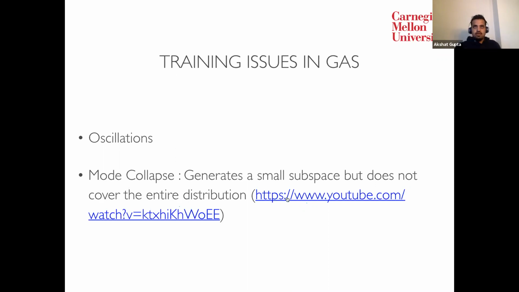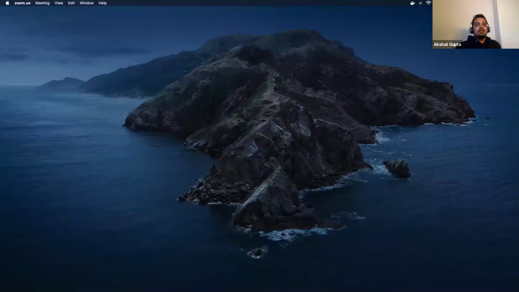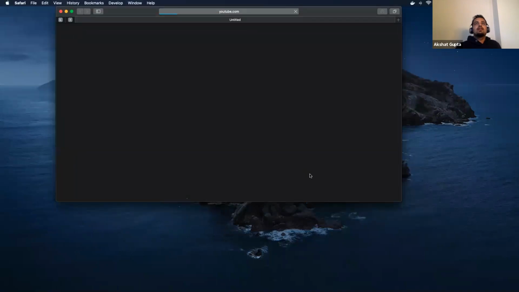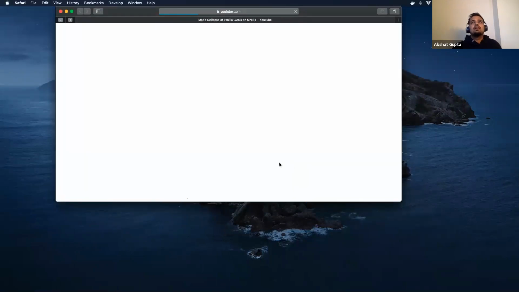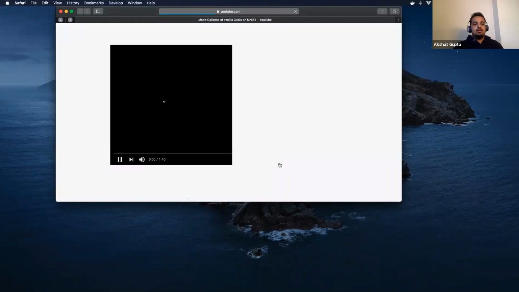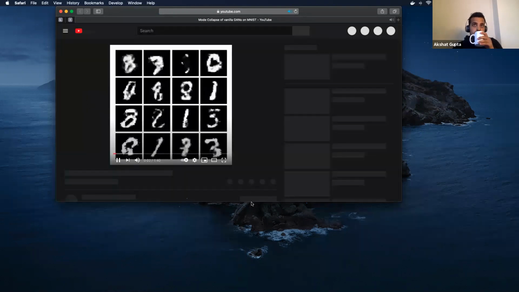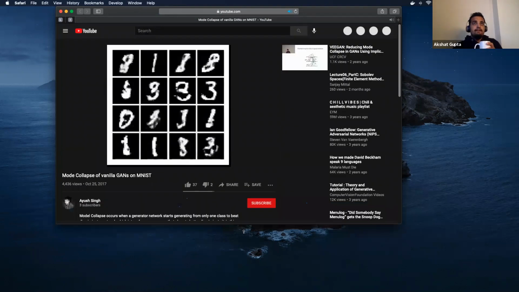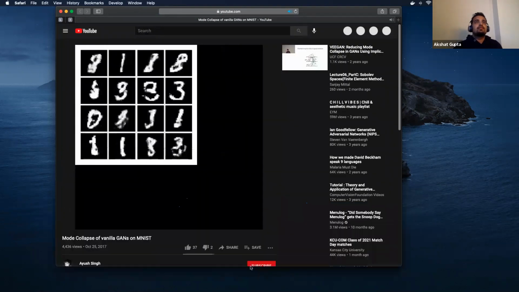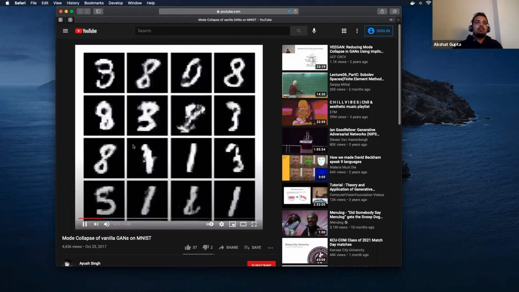I'll show you this video really quickly of how and when we see this happening. These are the outputs coming from the generator as the generator trains. We see it's doing a poor job, but it's generating everything.